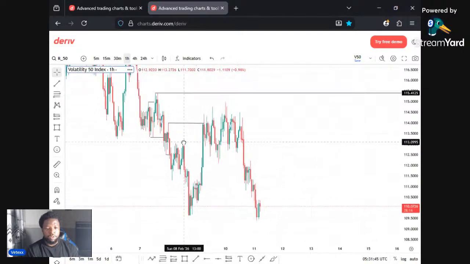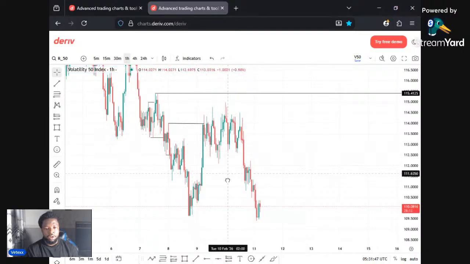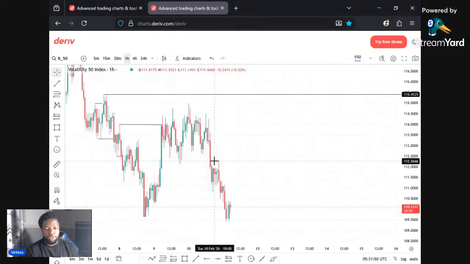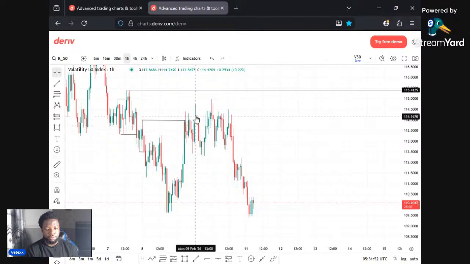So this is what price gave us yesterday. After price gave us this, now this is our continuation. Now this becomes our sweep of liquidity here, and then we had this as our structural liquidity.